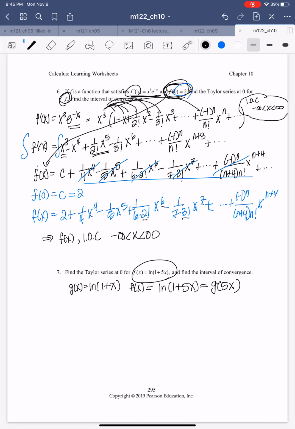Look, if you plug in 5x and replace x with 5x, you get ln of 1 plus 5x. So that's what it is right there. So your f of x will be g of 5x. Okay? Very simple.